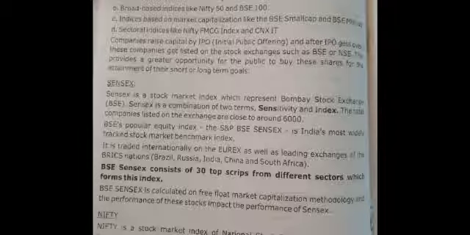It is traded internationally on the Eurex as well as on leading exchanges of the BRICS nations. Whatever the business transaction, in the form of investment of money in shares, you can also trade at the international level. The European Sensex is also a part of that, and the major BRICS nations also participate in this type of trading.